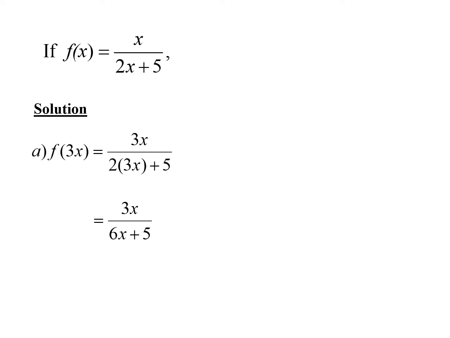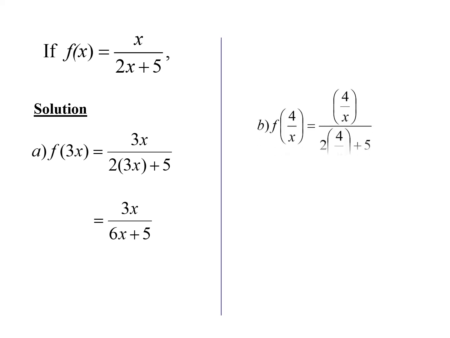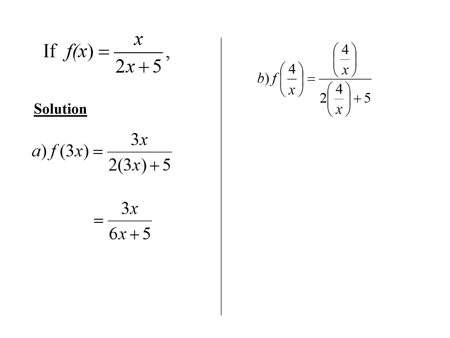This is f(3x). And then for part (b), f(4/x) is similar to f(3x). We must substitute 4 over x into x in f(x), and it will give f(4/x) equals (4/x) over 2 multiplied by 4/x plus 5.